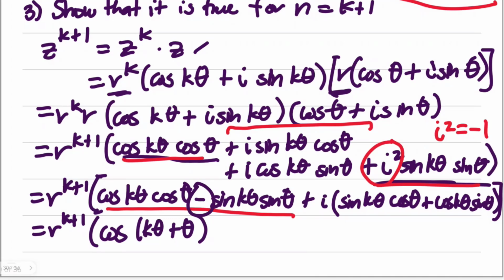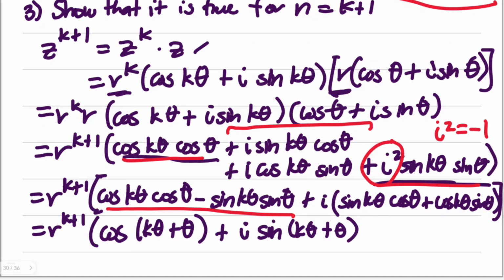If it's minus, it's plus here. Take note of that. Then plus i. But for this, sine first angle, cosine second angle, plus cosine first angle, sine second angle, it's the sine sum formula. So if it's plus for sine, it's still plus, k theta plus theta. Okay. Yeah, just like that.